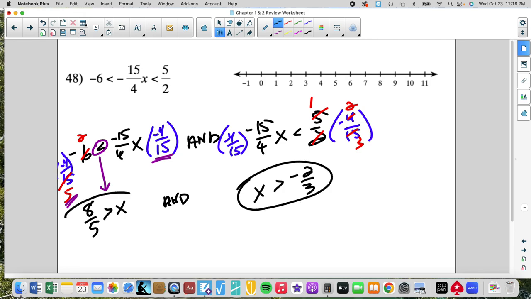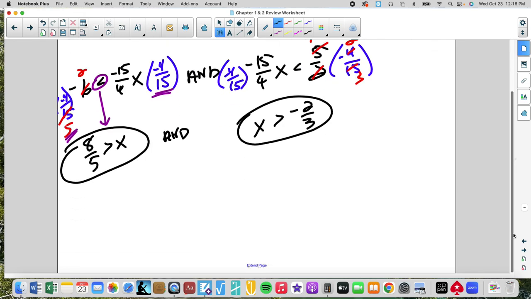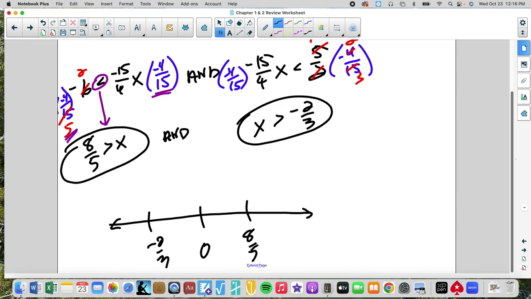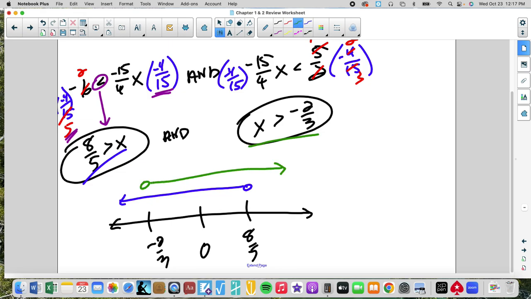Okay, those are my two statements. Let's see what that looks like on a number line. This is negative 2/3. This is 0. This is 8/5. Let's do this in blue. X is less than 8/5. Open circle going that way. And x is greater than negative 2/3. That goes this way.